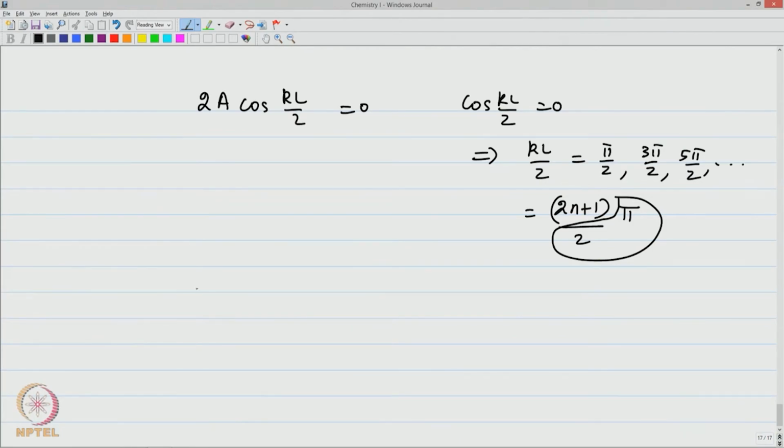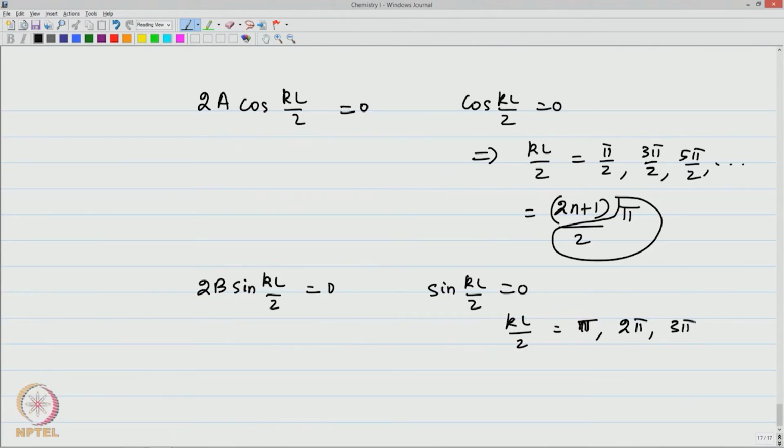If you subtract, you get 2b sin k L by 2, and that is equal to 0, and this implies that sin k L by 2 being 0 or k L by 2 is n pi, namely pi, 2 pi, 3 pi and so on.